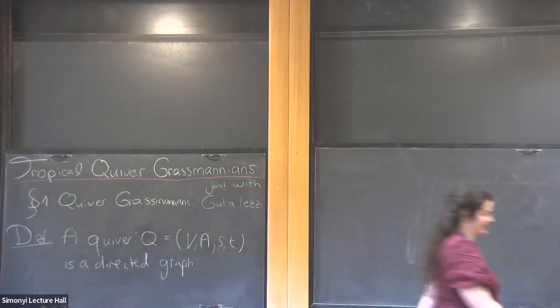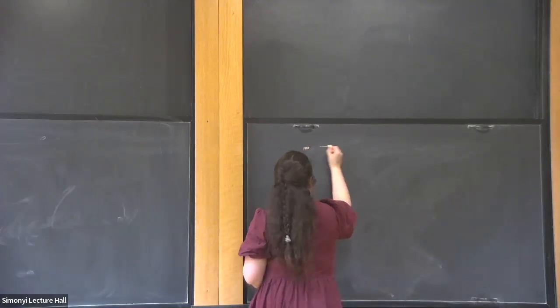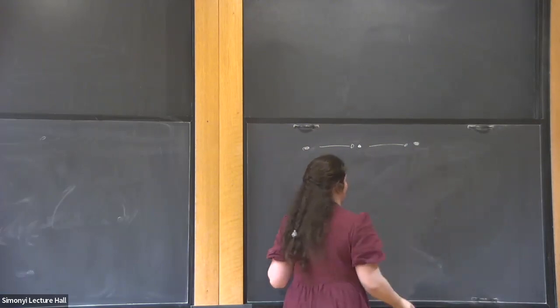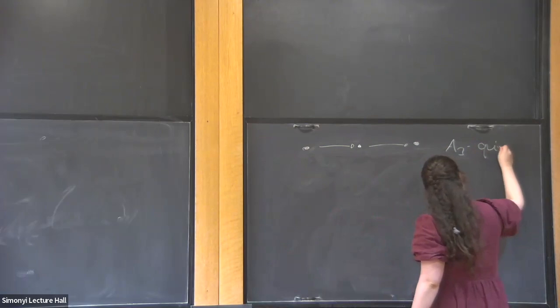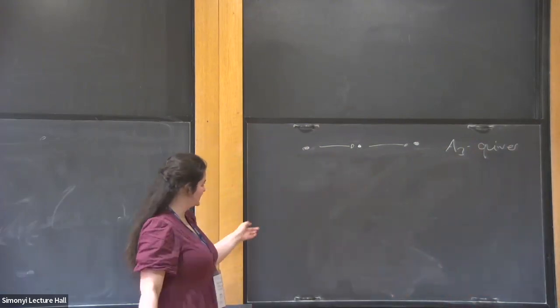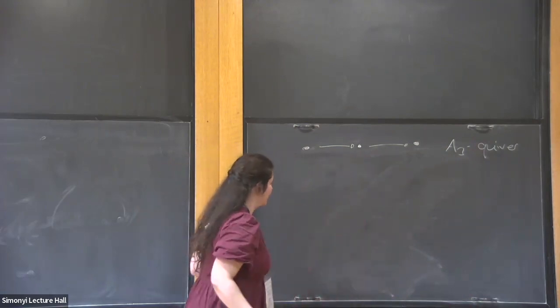In terms of examples, we are going to consider some examples today. One of these examples is the A3 quiver, which is essentially a chain of vertices where you have a map from each arrow linearly oriented.